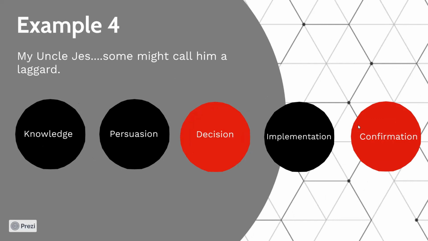His socioeconomic characteristics, personality traits, and communication behavior all influence where he gets his knowledge from. And in step 2, persuasion, he weighs the costs and benefits, doesn't see a relative advantage because he likes his social time in the grocery store. And to him, it's not worth the extra hassle of trying to figure out how to order groceries from his phone. So in step 3, Jess, in his decision step, decides to reject the innovation of curbside grocery ordering.